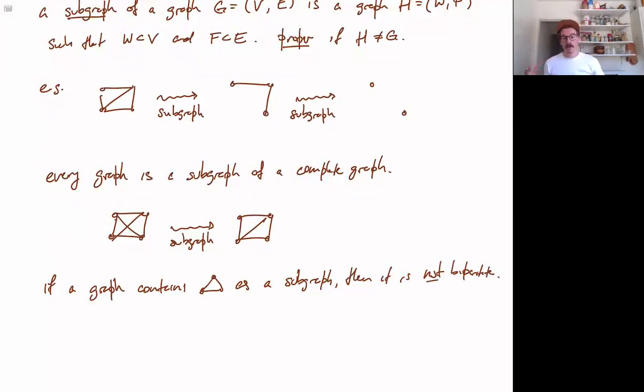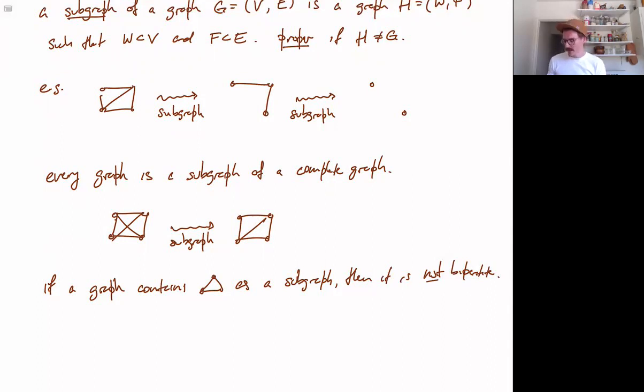So this is not if and only if. Certainly there are graphs that are not bipartite that also do not contain triangle subgraphs. But we do get the one direction that if you contain a triangle as a subgraph, then you're not bipartite.